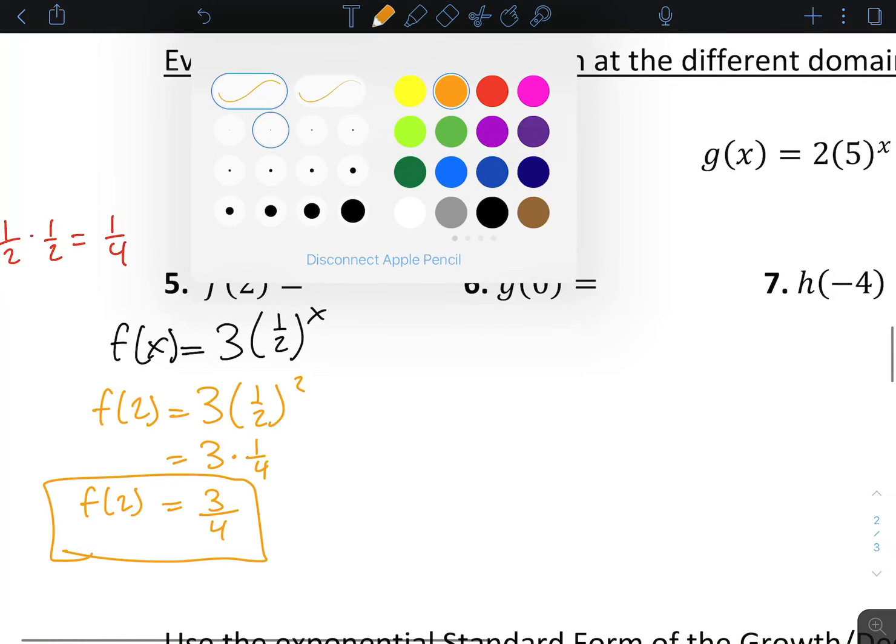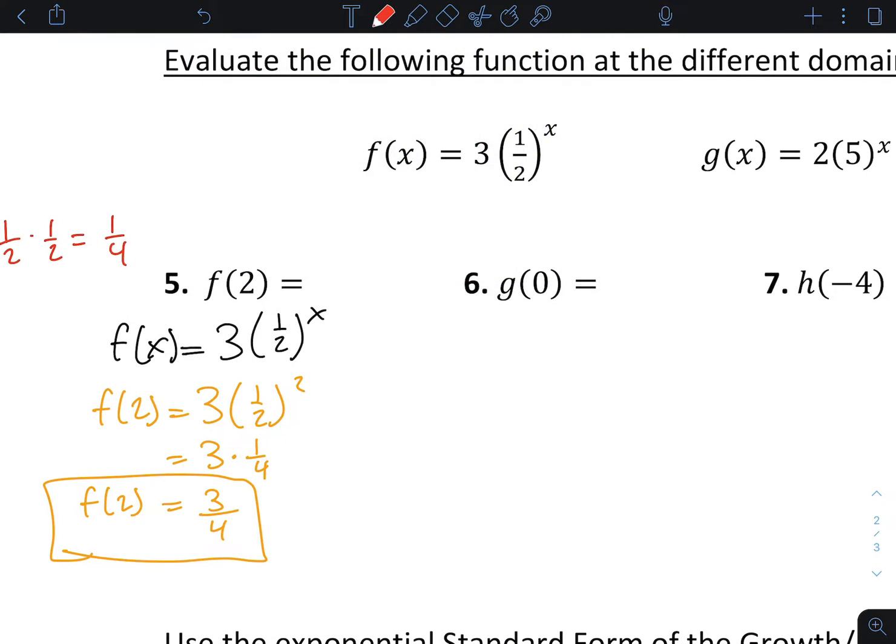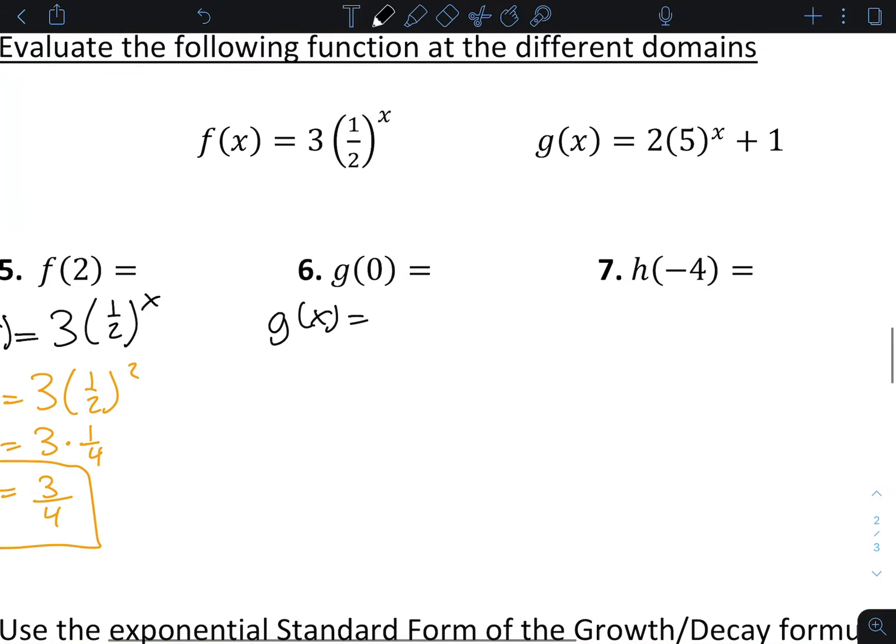Next one here, 6, g of 0. That means for a g of x equation, actually will stay consistent. G of x was 2 times 5 to the x plus 1. So that means here, we want to find g of 0. Every place you see an x, we replace that with a 0.